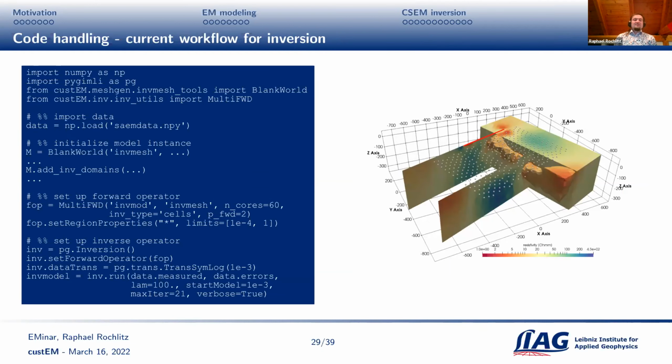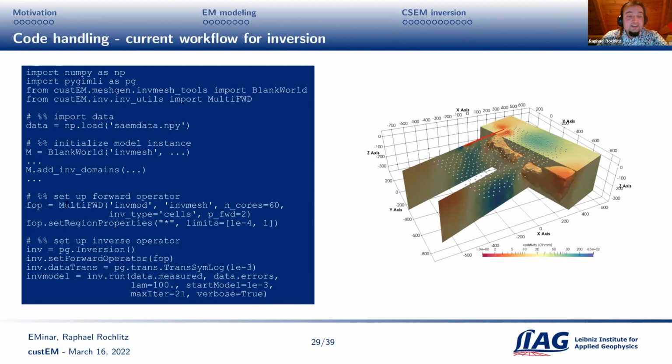Now, this is a last slide to show the code handling for inversion. So basically, we can import some data, in this case, semi-airborne electromagnetic data in a certain format. After we imported the data, we can build a mesh, and in this mesh, we need to include the inversion domains as shown before with prisms or areas of cells.